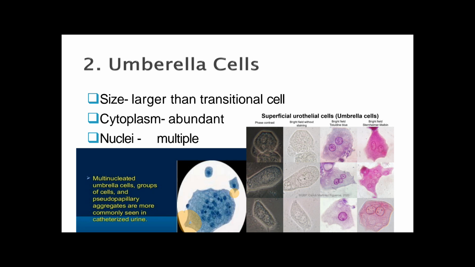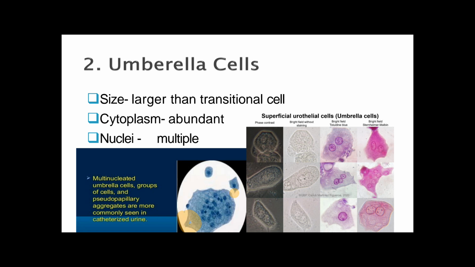So when we consider the superficial urothelial cells or umbrella cells, here there are different staining methods used. Under a phase contrast microscope you can see multinuclei, and bright field without staining.